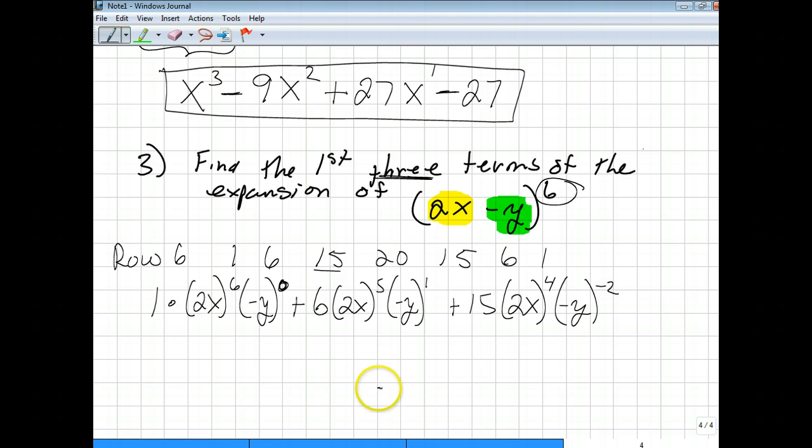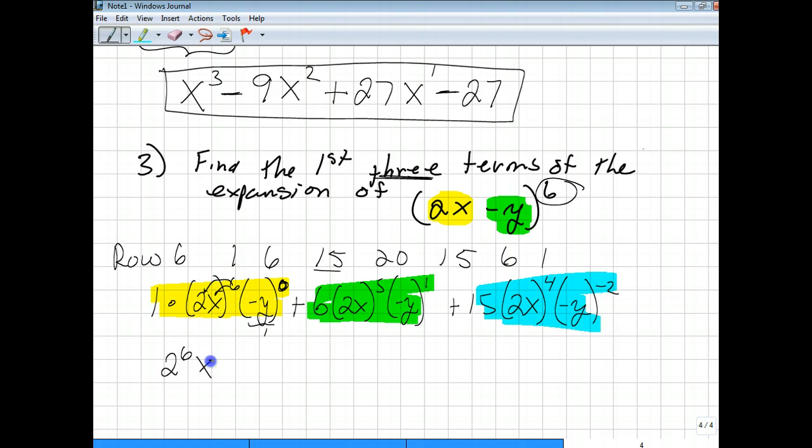Okay, so now I have 3 terms. Here's the first term, here's the second term, and here's the third term. Now I just need to simplify those. Okay, so this is just 1, and I have to distribute this in, so this is 2 to the 6th, x to the 6th.